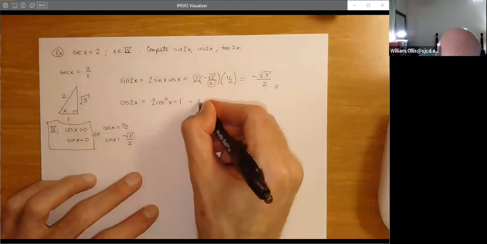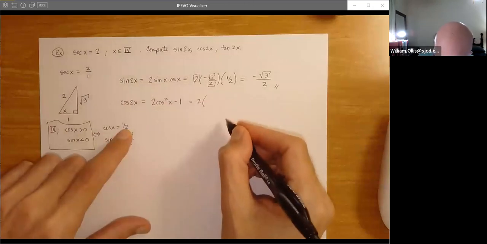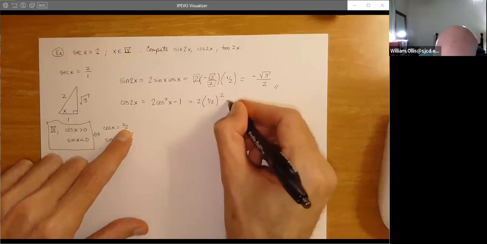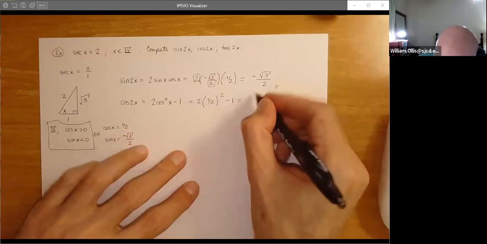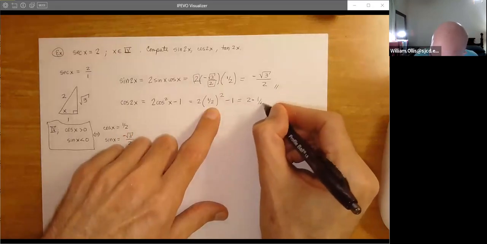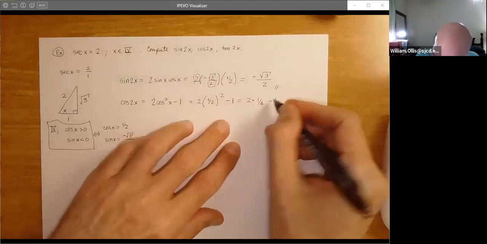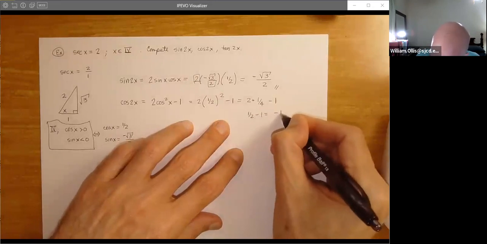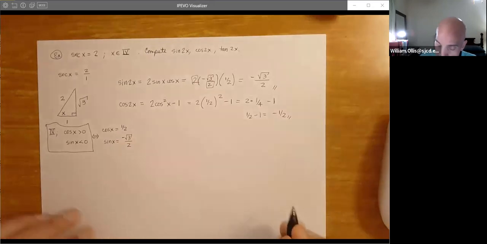So now we get 2 times, cosine is 1/2, so 1/2 quantity squared, minus 1. So we get 2 times a 1/4, I'll go ahead and square that, minus a 1. So this is a 1/2 minus a 1, which is negative 1/2, of course, which we expect.